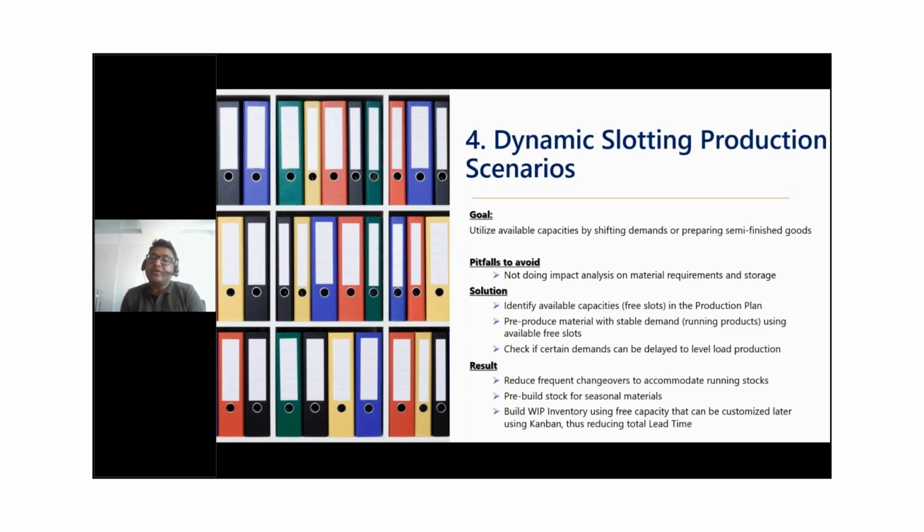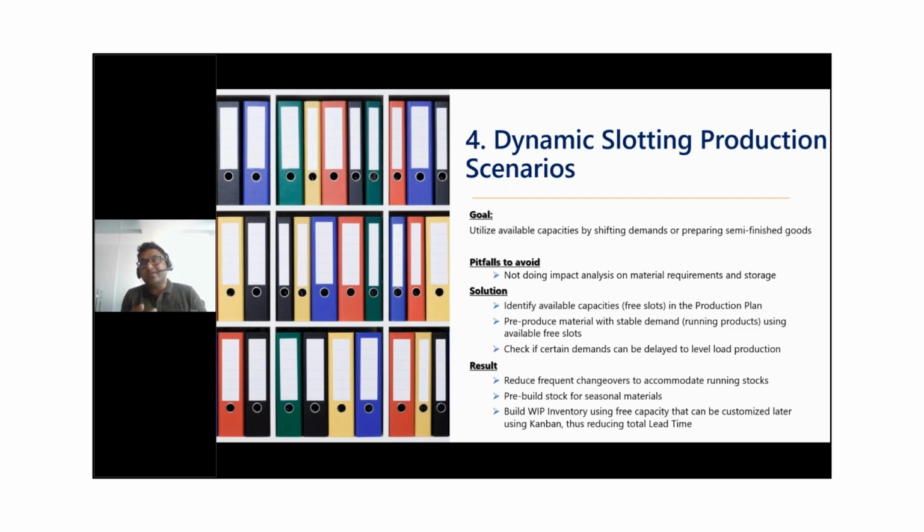Then you can pre-build stock for seasonal materials. You know that certain things will start selling more in summer, and you start building them out a few months in advance, and you make arrangements from a resource and storage perspective also, to take care of available capacities. For more discrete manufacturing, where you can have assemblies, you can also make work-in-progress inventories using free capacities that can be customized later using a Kanban technique.